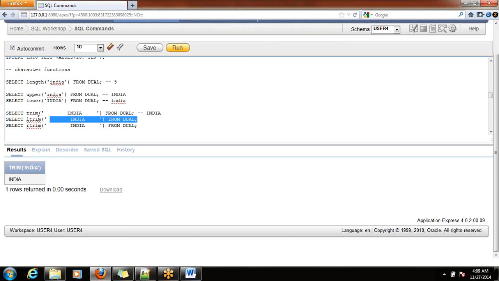I just run this. You can see left side spaces are removed and it is giving India. Likewise, select R trim. Right side spaces are removed and it is giving India over there. As the browser is transparent, it gives the values like this. You can execute the same thing on the command prompt and observe those spaces being removed.